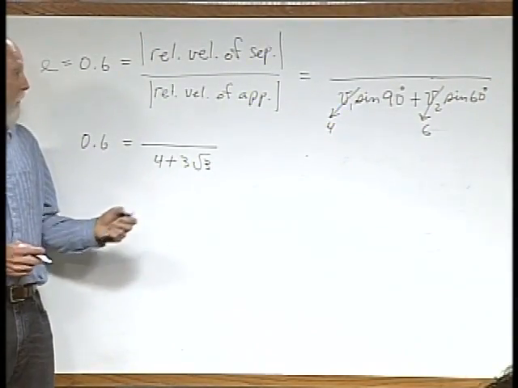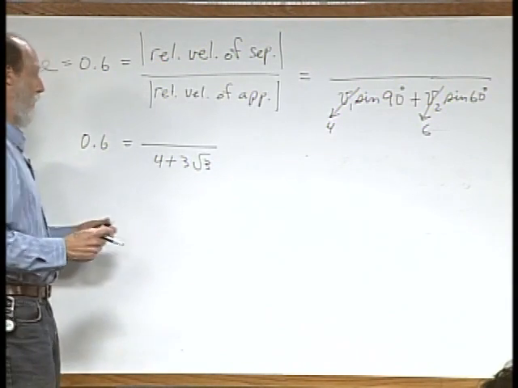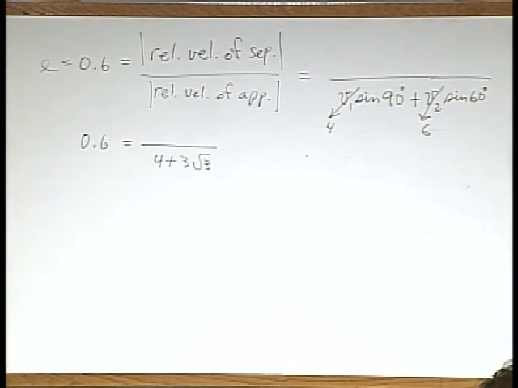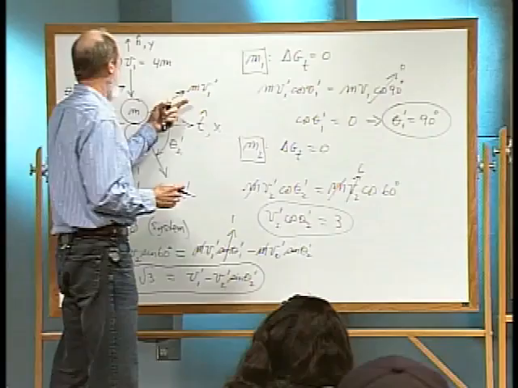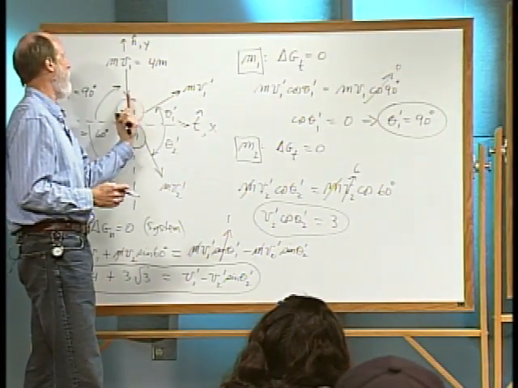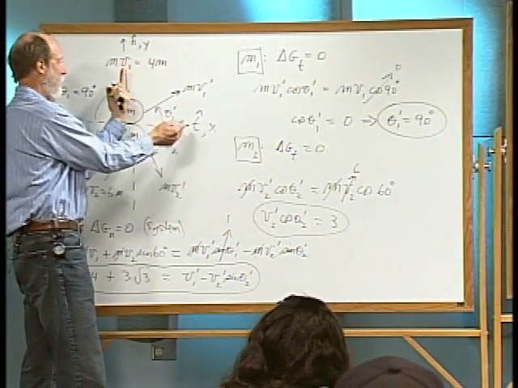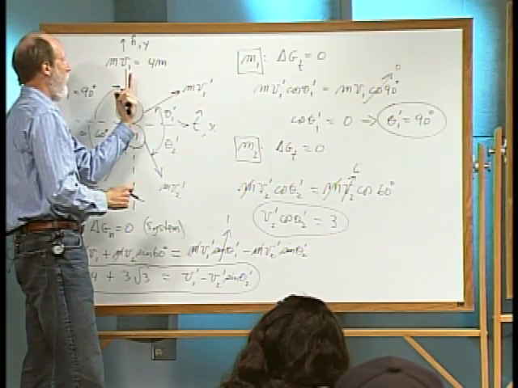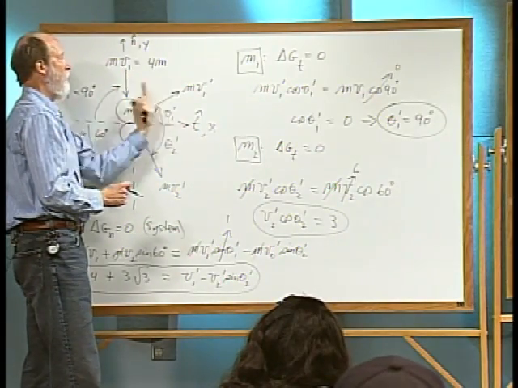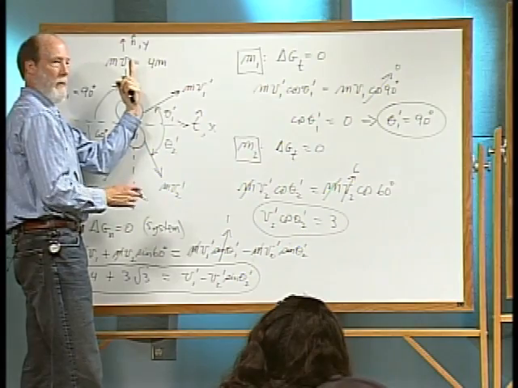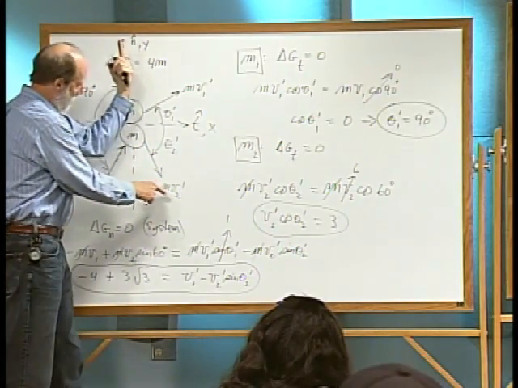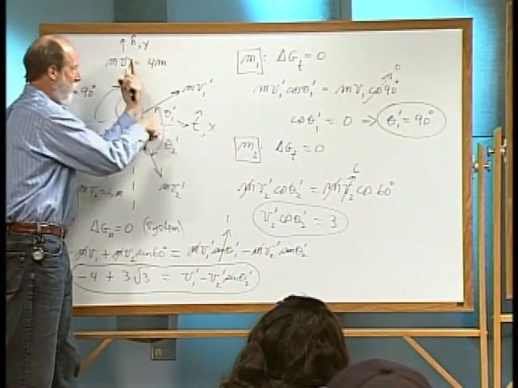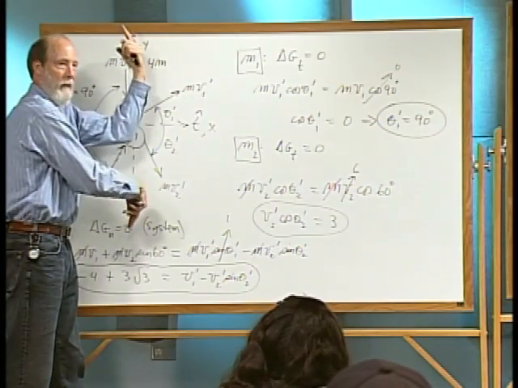The relative velocity of separation is going to be, using the piece of information from earlier, that theta 1 prime was 90 degrees. This mass is bouncing straight back up, perpendicular to the tangent line, and it's carrying a velocity of v1 prime. v2 prime has a sine component downward. Those 2 are then additive.